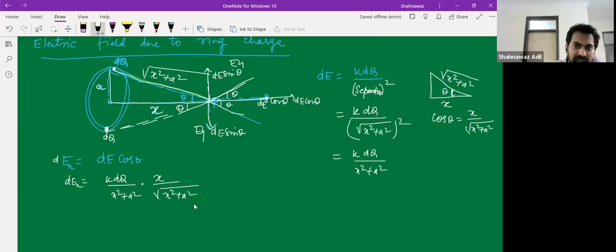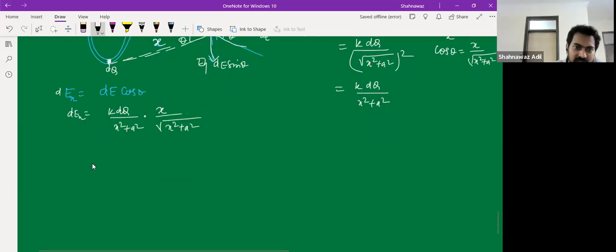So the powers will add, and we get k x dq over x squared plus a squared to the power 1 plus half, which is 3 by 2.